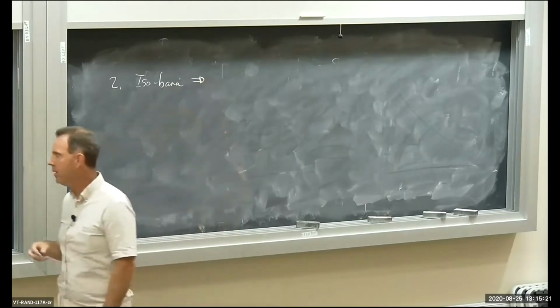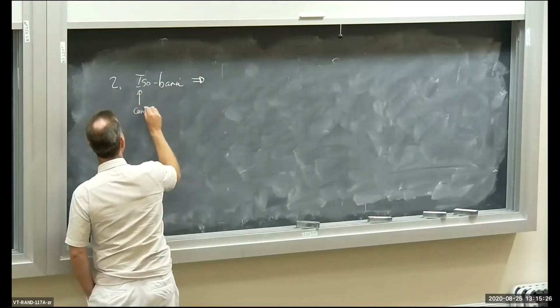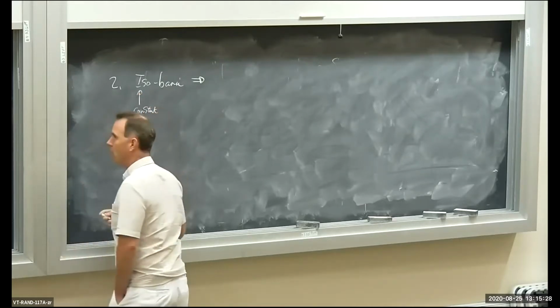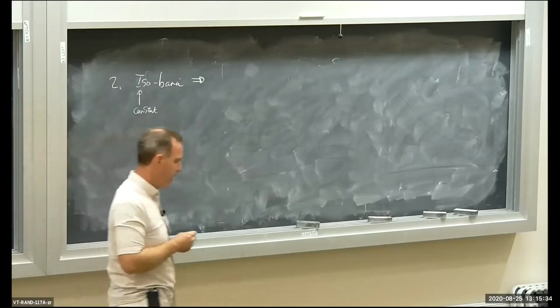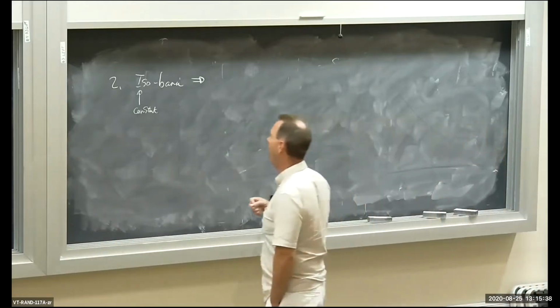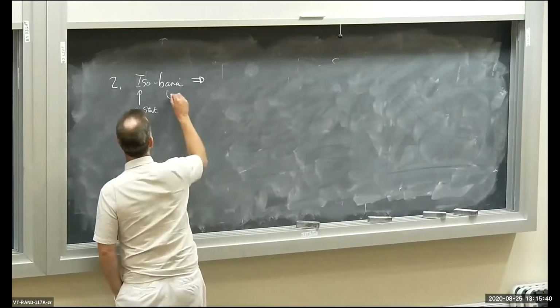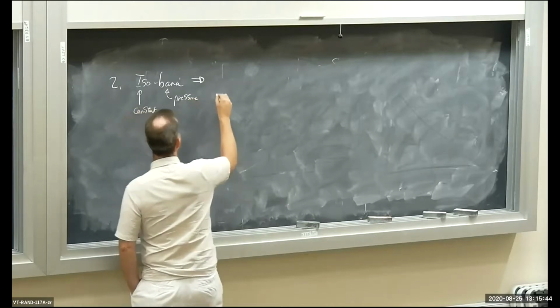And again, iso means constant. So what quantity has a unit of a bar? If you thought pressure, you would be right. So isobaric refers to pressure or constant pressure.